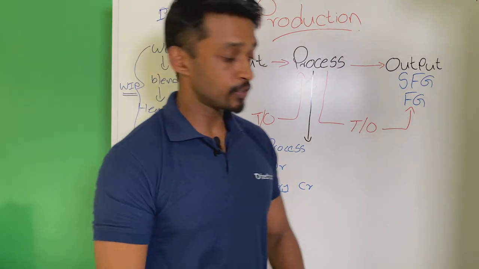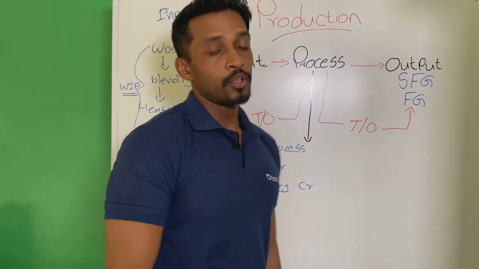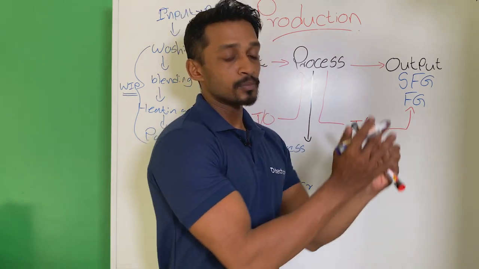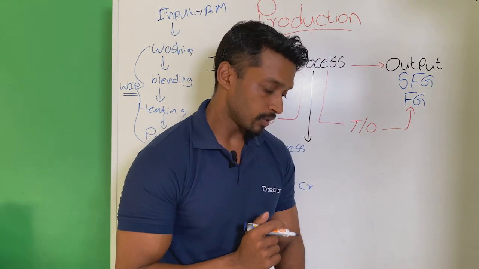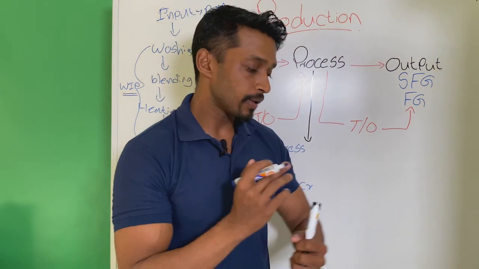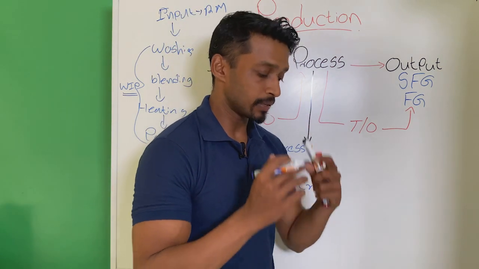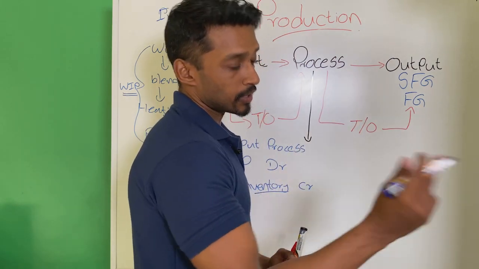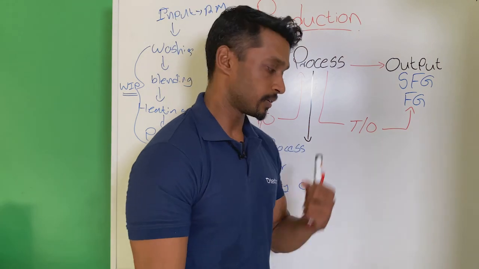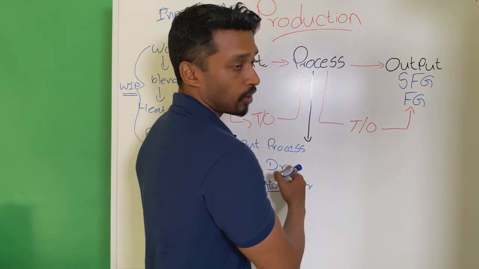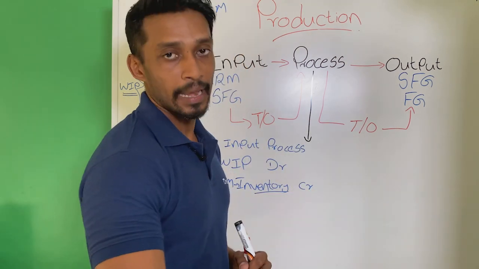Once you finish your production process, your item is not in process. Now it has become a finished good. First the raw material became a WIP item, which means it's in process. Now after the process, it comes as a finished good. Now it's not WIP anymore.